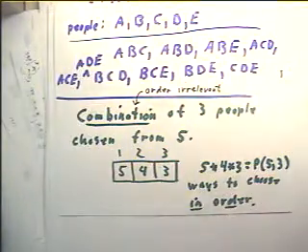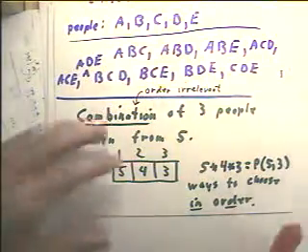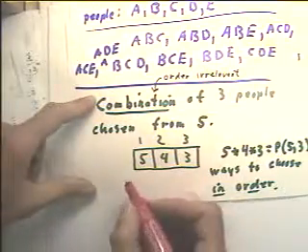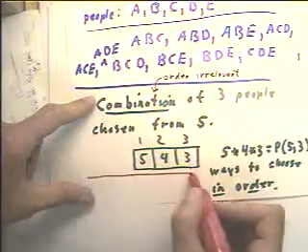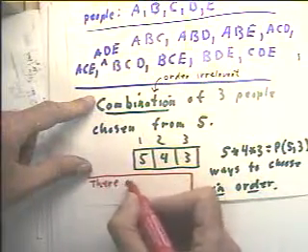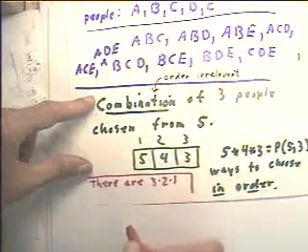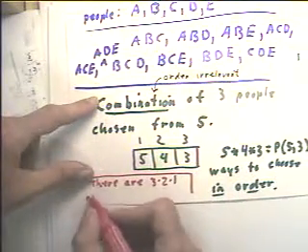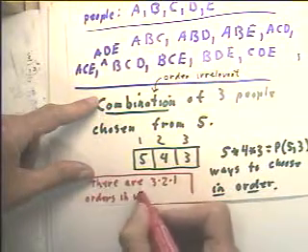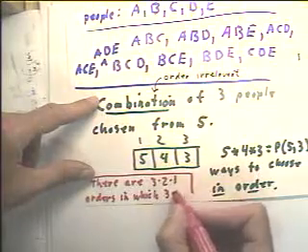The order of the people chosen for the committee doesn't matter. So I'll make a note here, and then we'll look at on another page at how this works. But there are 3 times 2 times 1 orders in which 3 can be chosen.